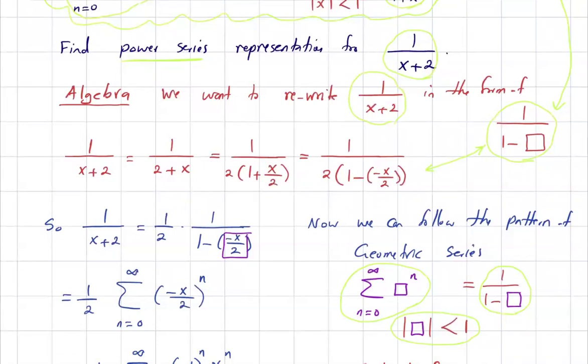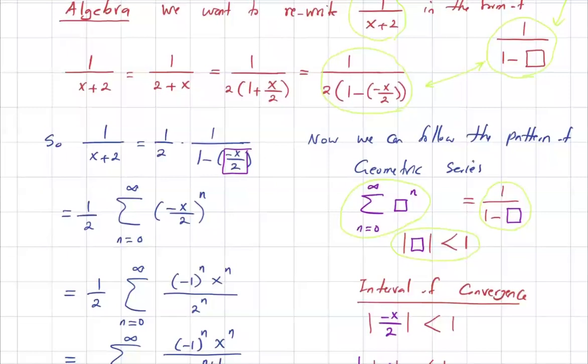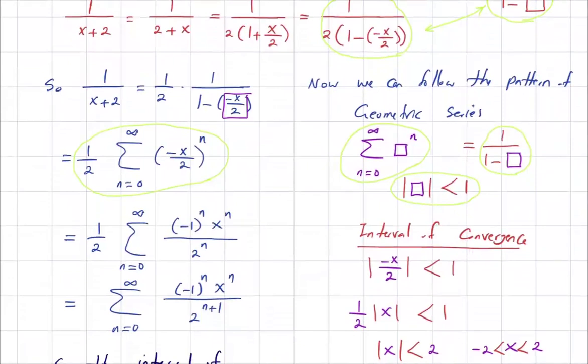So if we rewrite this as 1 divided by 2 times 1 minus negative x divided by 2, the quantity you're looking for is negative x divided by 2. So the power series representation is a half summation of negative x divided by 2 to power n, but we can rewrite this in a nicer format as negative 1 to power n, x to the n, divided by 2 to power n plus 1.